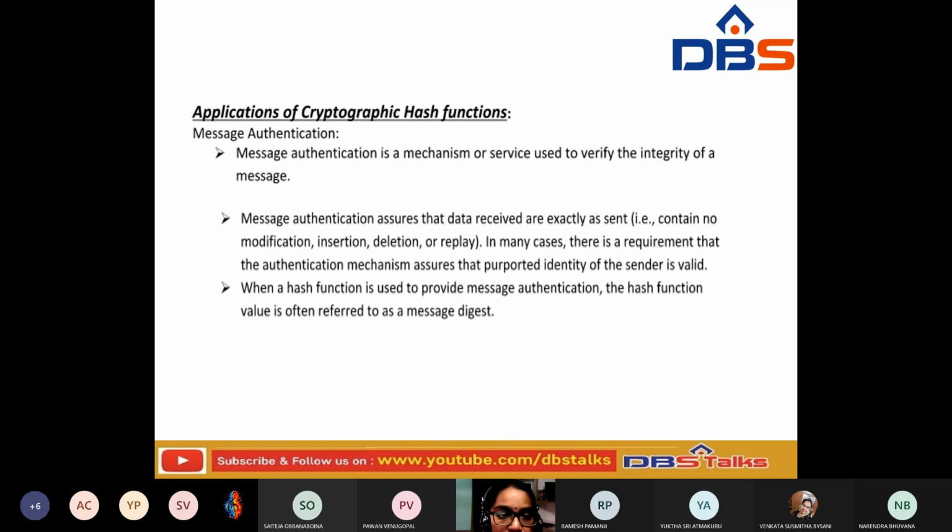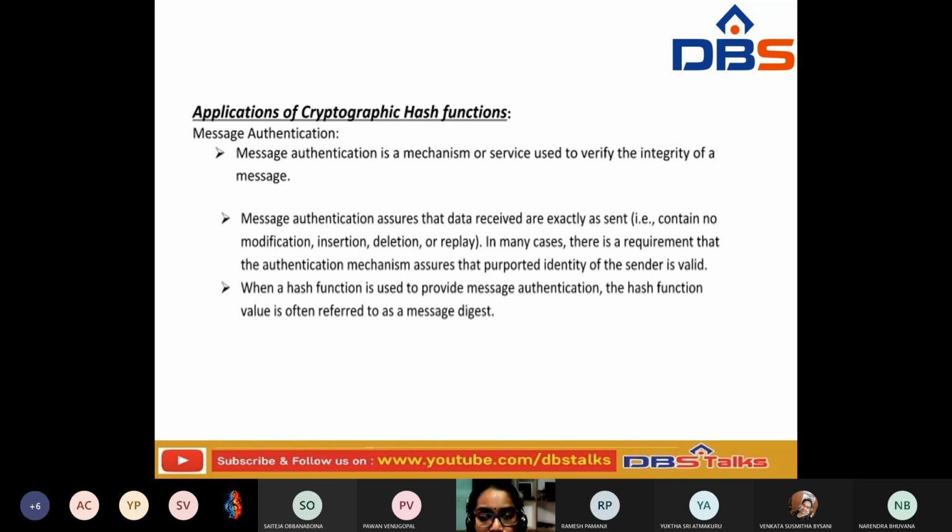Message authentication is going to give the assurance that the data received is exactly as sent. There should be no modification, no insertion, and no deletion. Whatever message has been sent at the sender side, that only has to be received at the receiver side.